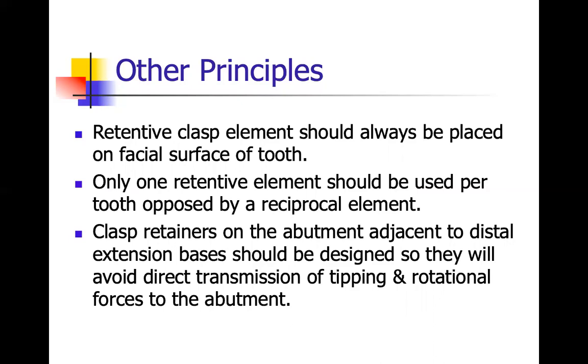Only one retentive element should be used per tooth opposed by a reciprocal element. And lastly, the clasp retainers on the abutment adjacent to distal extension bases should be designed so they will avoid direct transmission of tipping and rotational forces to the abutment.